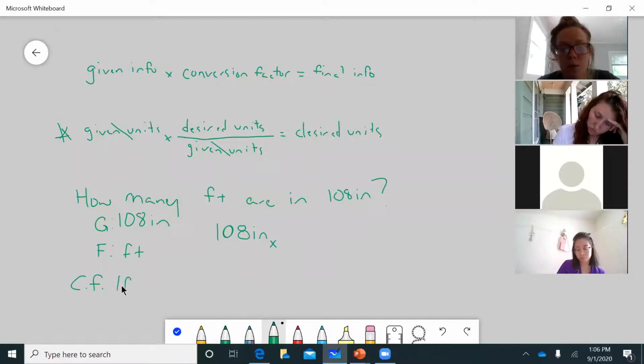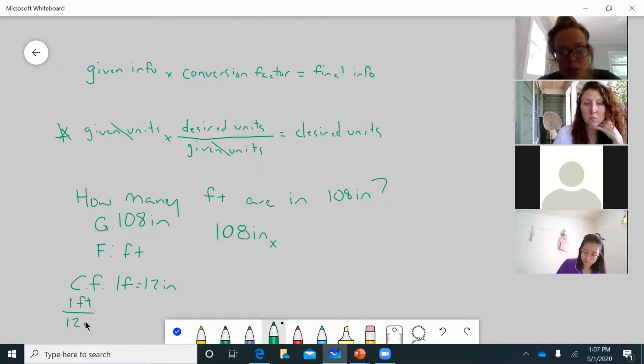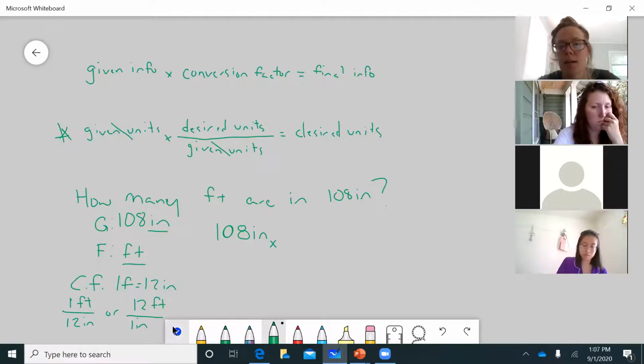So I know that 1 foot is equal to 12 inches, right? It's just the definition of what it is. So we can write that in a couple different ways. We can write it as 1 foot over 12 inches or 12 feet over 1 inch. Now, which one of these are we going to use? That's dependent on what our given information is and what our desired units are.